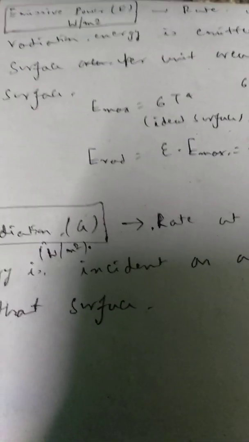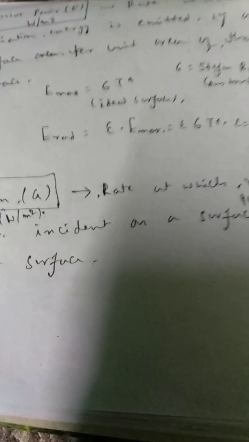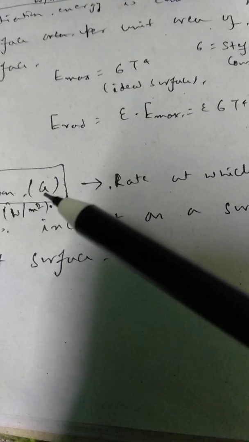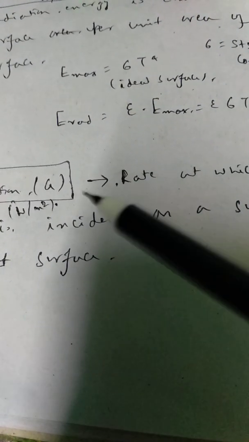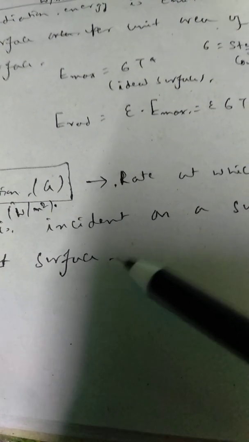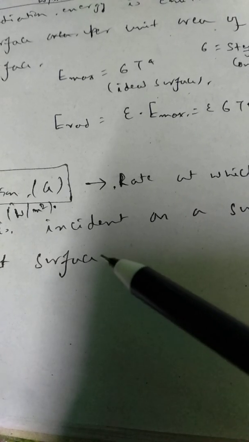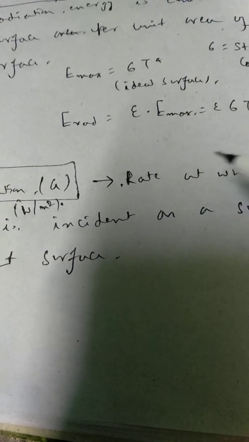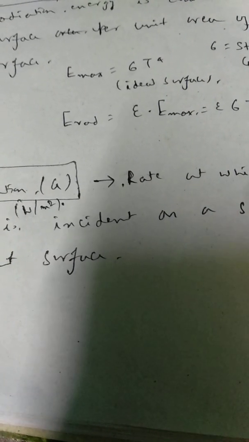For this irradiation we have to consider the whole surroundings, because everything that is present in the surroundings is emitting some amount of energy, and that energy is falling on that surface.